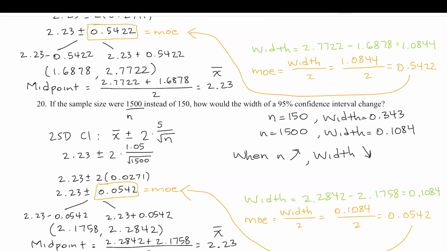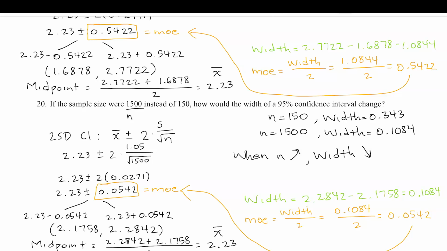Let's go through it. When your sample size increases, that decreases the variability or standard deviation of the null distribution. So the S over radical n has gotten smaller when I've increased my sample size. And when I decrease the variability in my null distribution, that decreases the margin of error on my confidence interval, which in turn decreases the width of the interval. So, sample size has gone up, width has gone down.